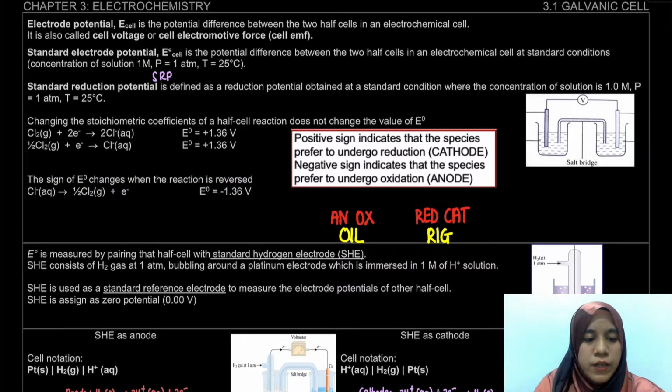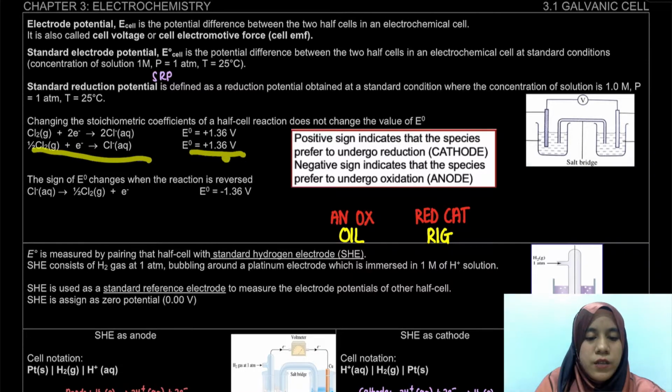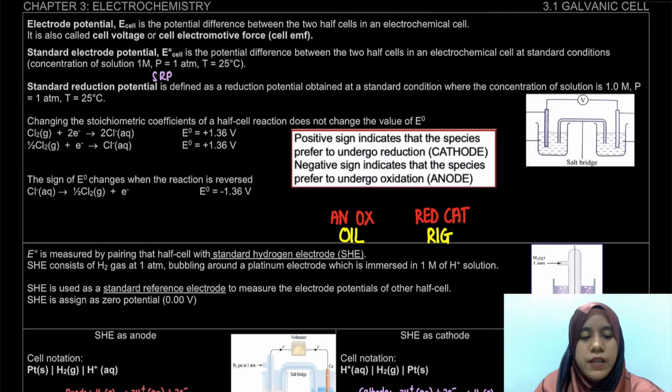For example, here half Cl2 gas plus electron will become Cl minus. Once I reverse it, the E0 will be reversed as well. For example, here it is positive 1.36. When I reverse it, I will get a negative 1.36. Okay, that is for my SRP.